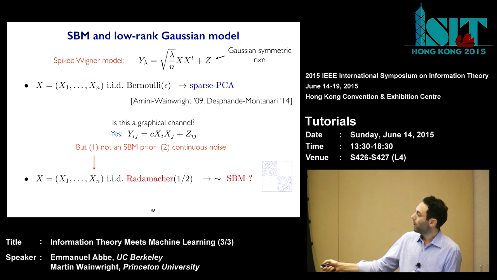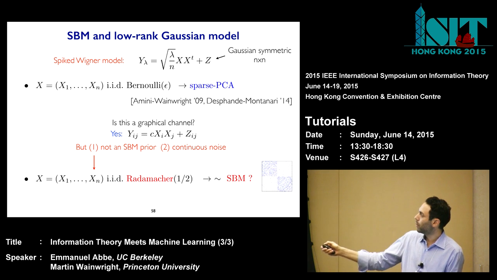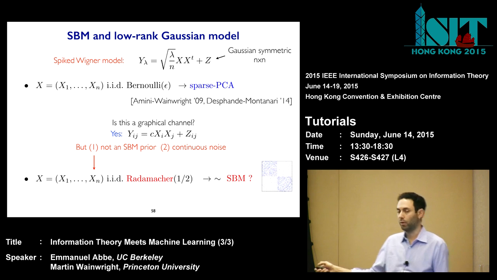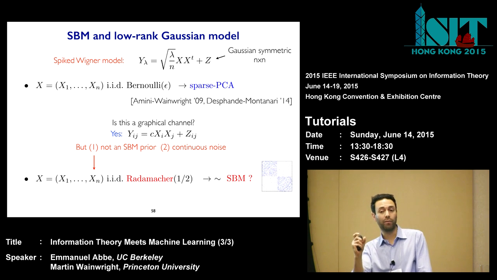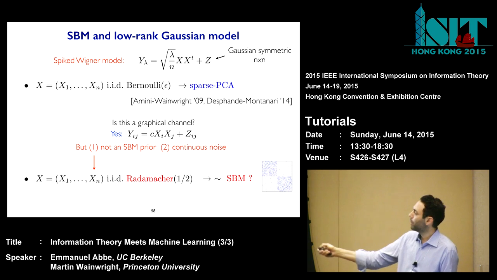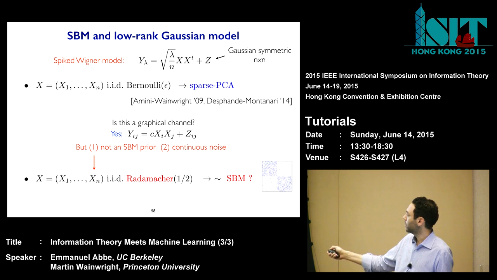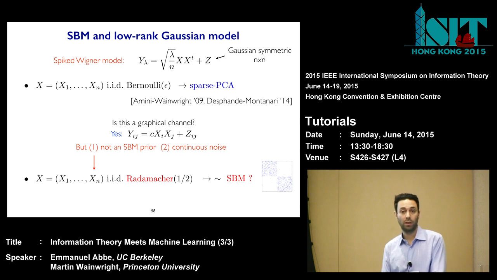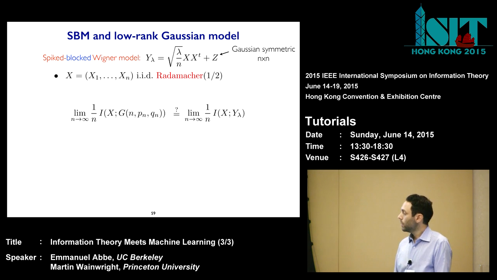So if you change the model, and instead of the X_i's being Bernoulli, you make them Rademacher, meaning plus minus 1 with probability half, then this is exactly the type of prior you would have in the stochastic block models, roughly 2 groups of equal size, and then you perturb them with some Gaussian noise. So this is a new model that, in a sense, is very similar to sparse PCA. It's a spiked Wigner model where the X are not Bernoulli but Rademacher, plus minus 1.